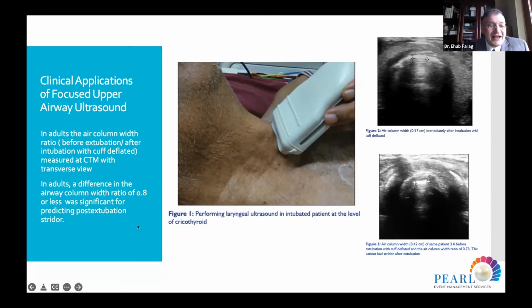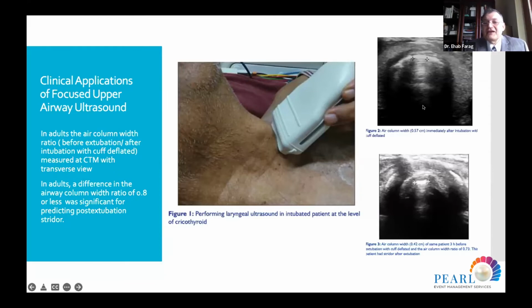And they found that if the ratio between the airway column before extubation with the cuff deflated and the airway column after intubation with the cuff deflated is less than 0.8, this is significant for prediction of post-extubation stridor. And this is very intuitive.